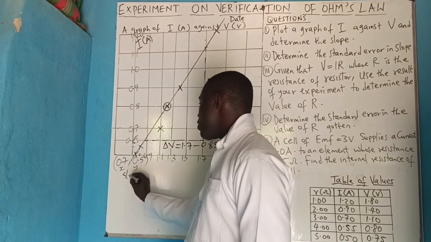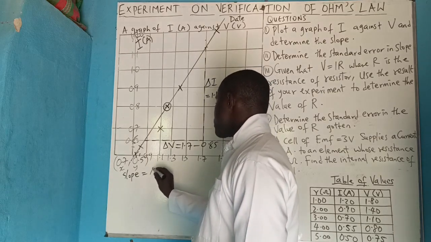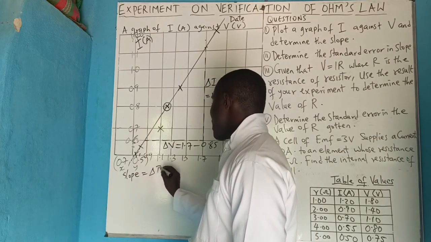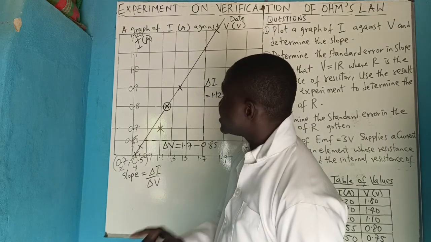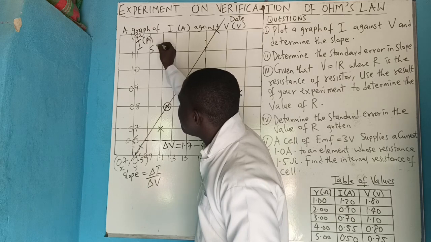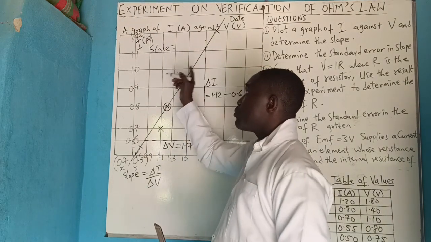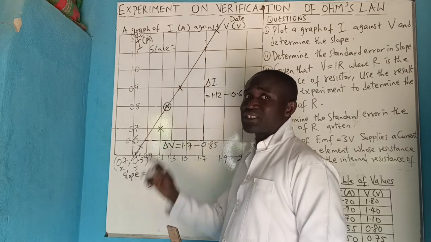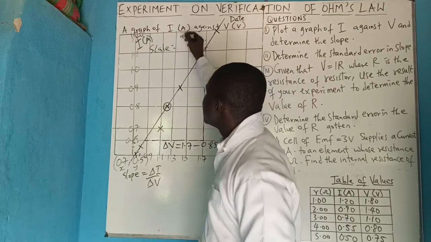We say slope is equal to change in I over change in V. Please don't forget to include your scale. If you watch any of my videos where I forgot to put my scale, please take that correction. Put the scale, don't forget it.